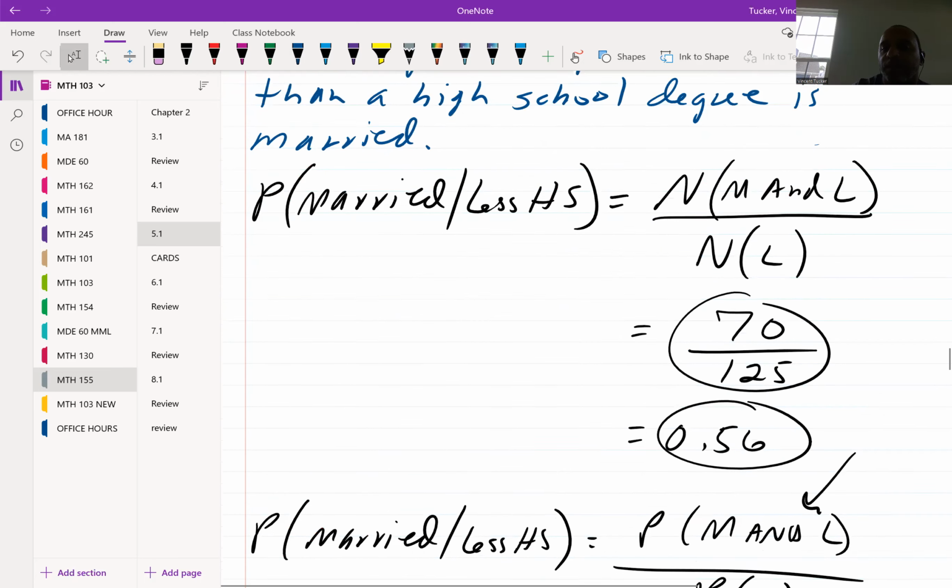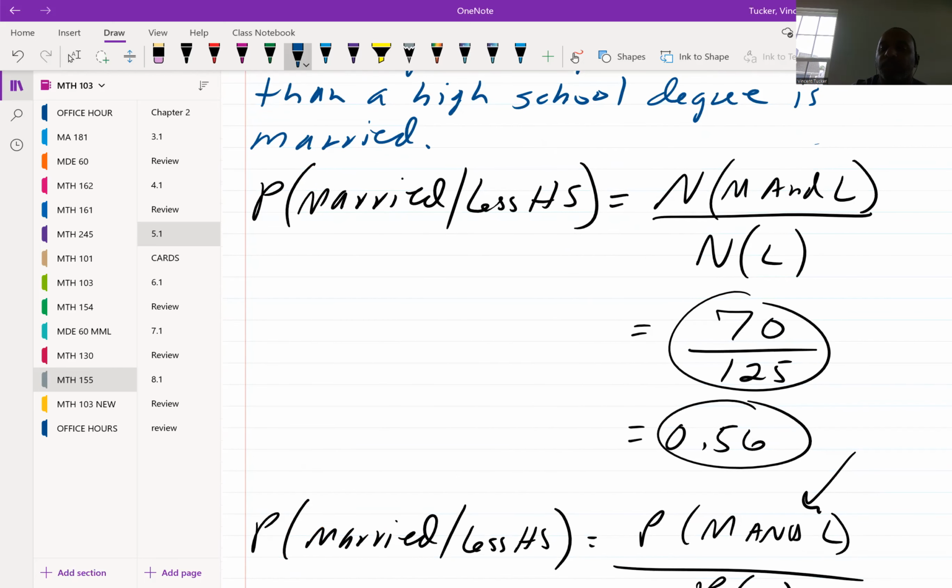So there we go, 70 over 125. The number of people that have less than a high school degree and are married, over the total number of people that have less than a high school degree, and they end up being 0.56.